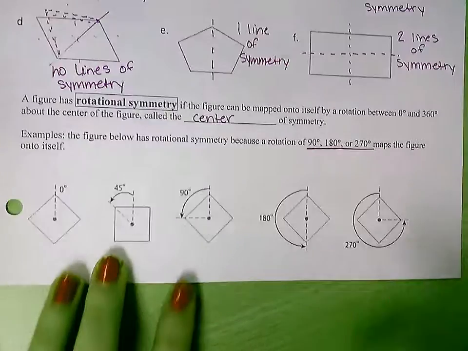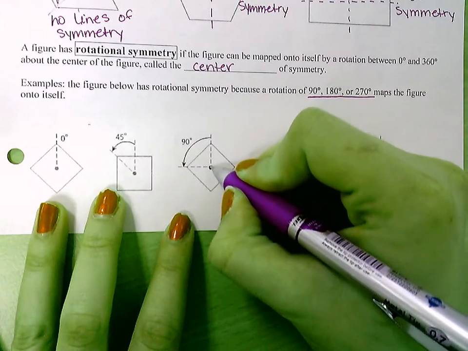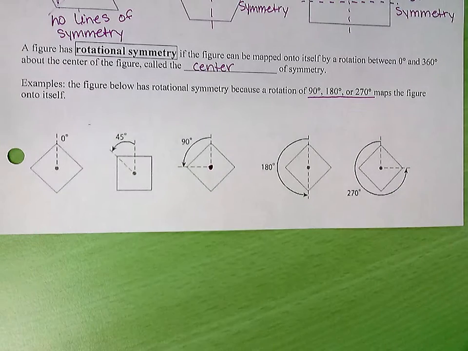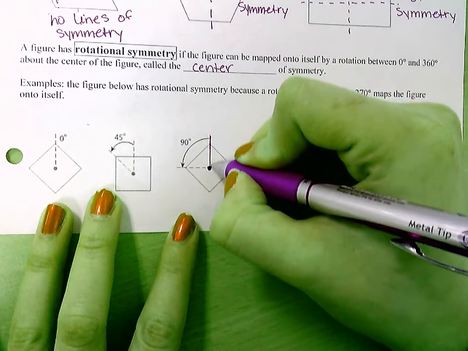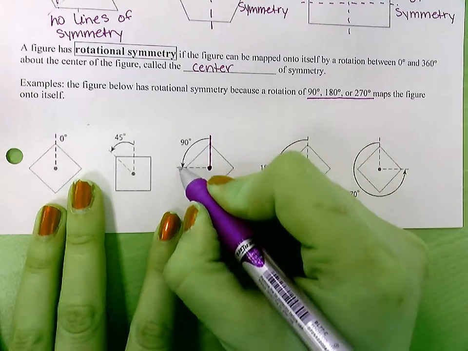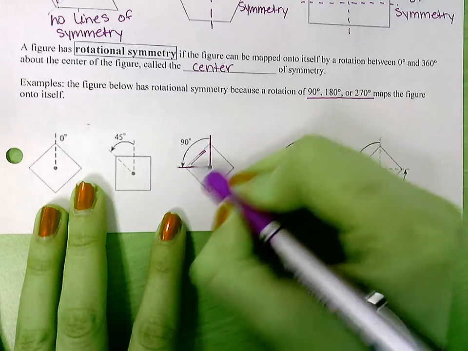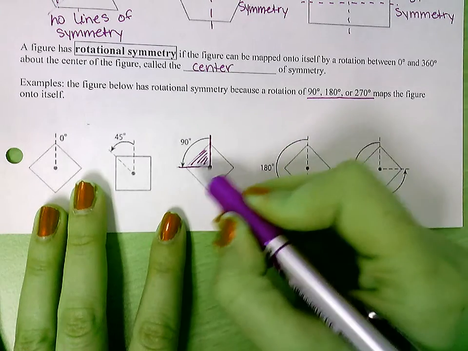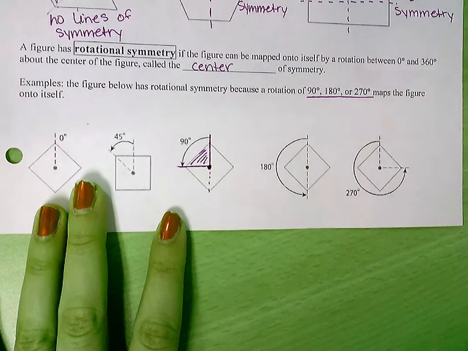So below here, looking at this 90-degree rotation, your center of symmetry is in the center of your figure. You do need to locate that center of symmetry. Here, 90 degrees would be from one corner to the other. If I take just this section right here and rotate it another 90 degrees, I would end up with this section here.